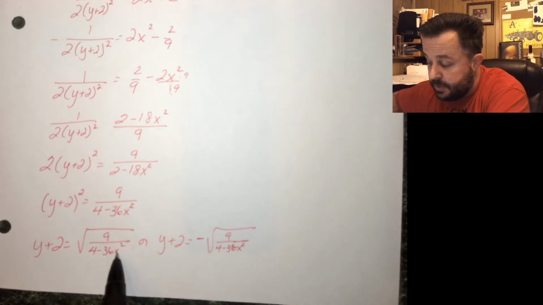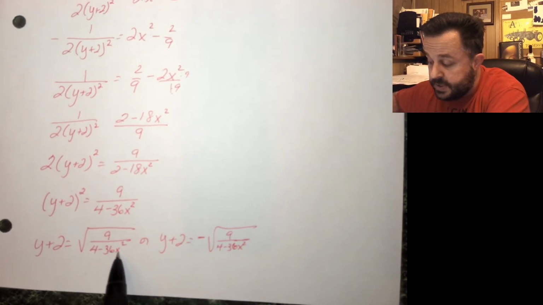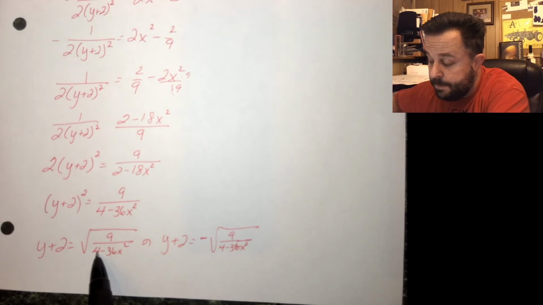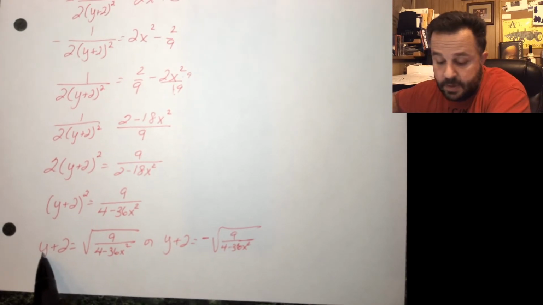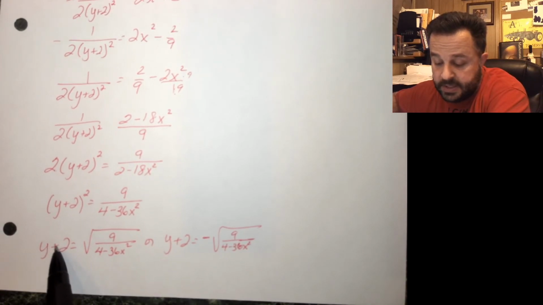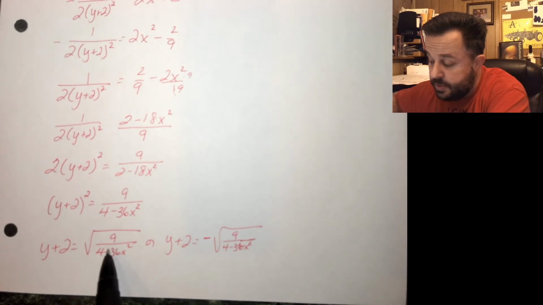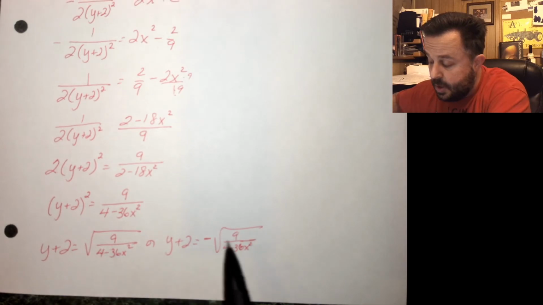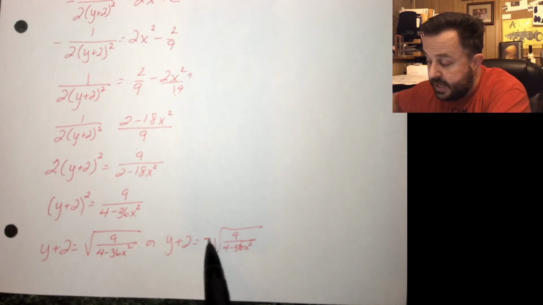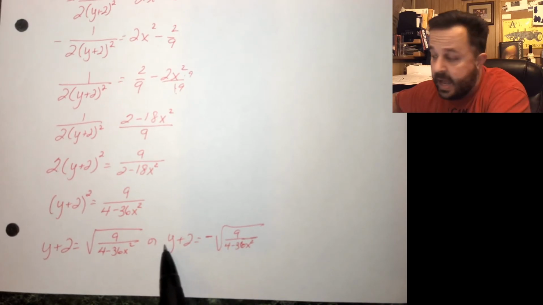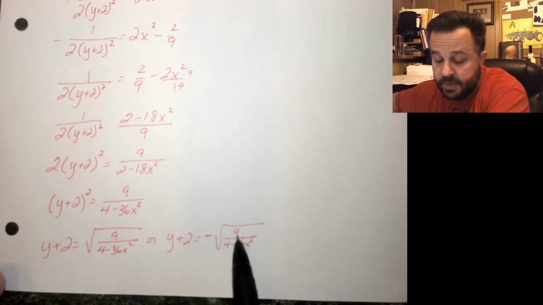Let's plug in 0. That gives me 36 times 0 is 0. 4 minus 0 is 4. So I get the square root of 9/4, which is 3/2. And negative 1/2 plus 2 is 3/2. Over here, we would have gotten negative 3/2, and negative 1/2 plus 2 would not be negative 3/2.